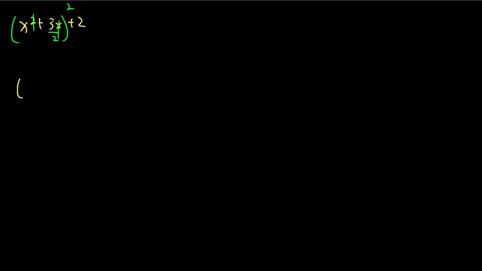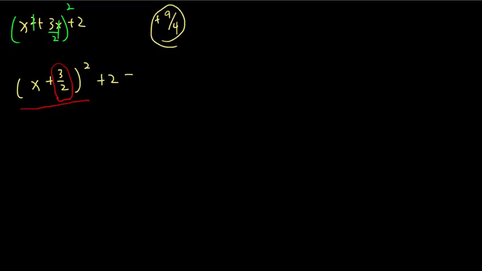So that will look something like this: x plus 3 over 2 squared plus 2 minus the square of this number, because by doing this I'm generating a positive 9 over 4, so I have to minus this off. So it's minus 9 over 4, equals 0.